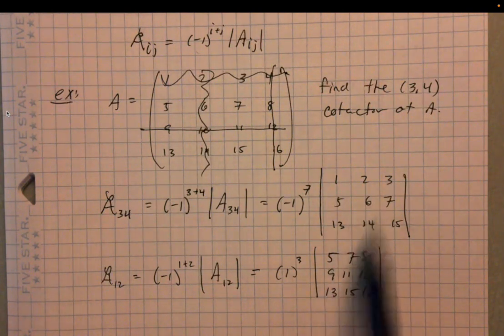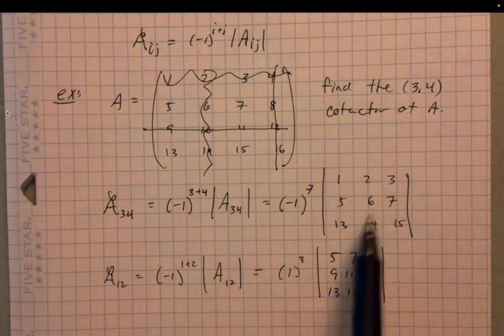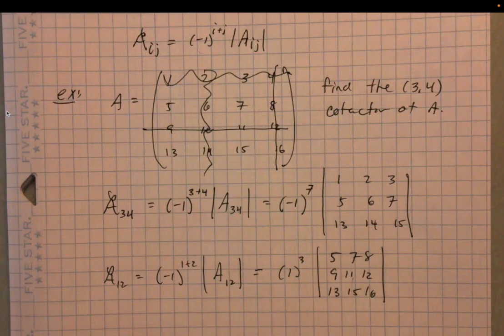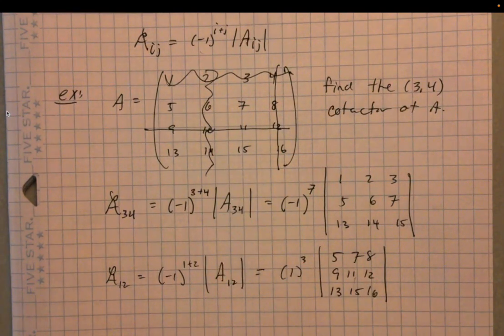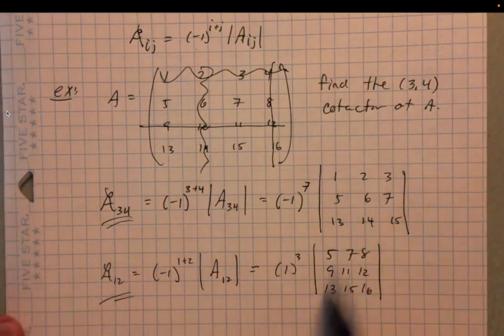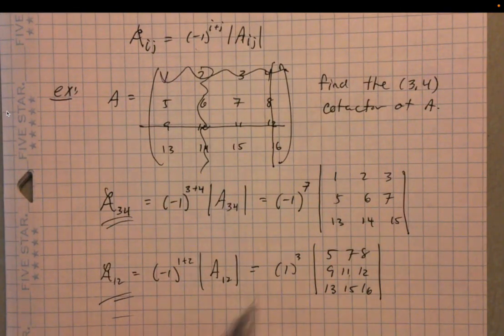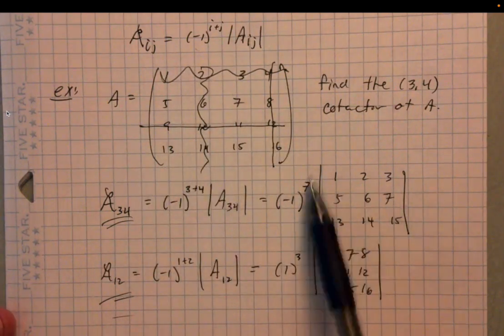These are 3x3s, so you can calculate those determinants using the basket weaving approach if you like. I'm not doing it in the interest of time, but the focus here is just the structure of these cofactors, how they're structured, and extracting them from a matrix, not actually calculating the 3x3.